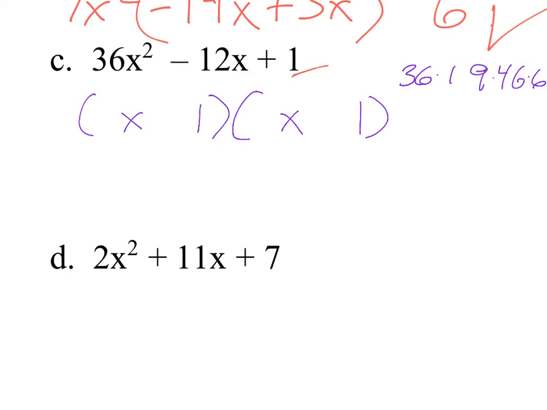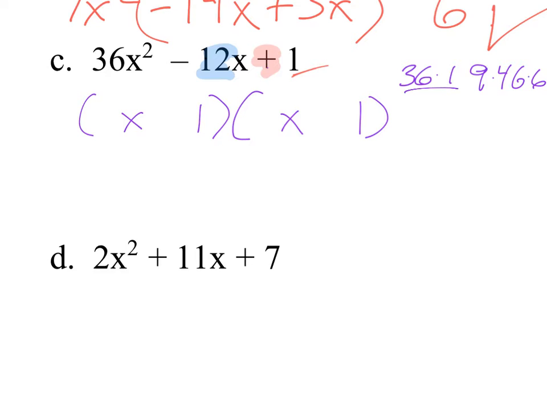Okay, 36 and 1. Now, since this is a 1, my factors are going to add to 12. So to add to 12, certainly I'm not going to have 36 and 1.